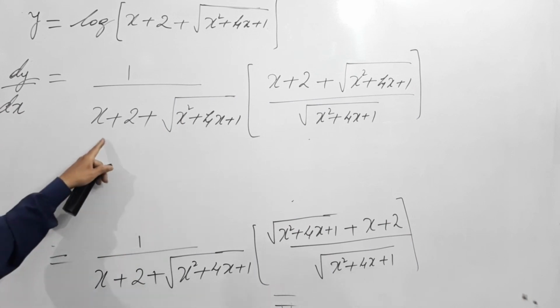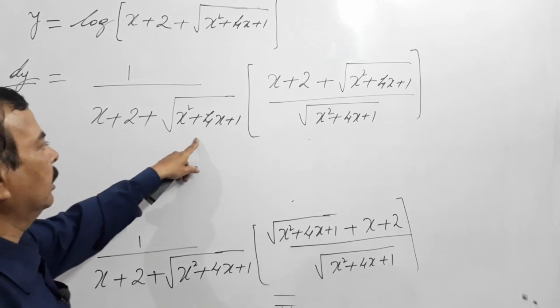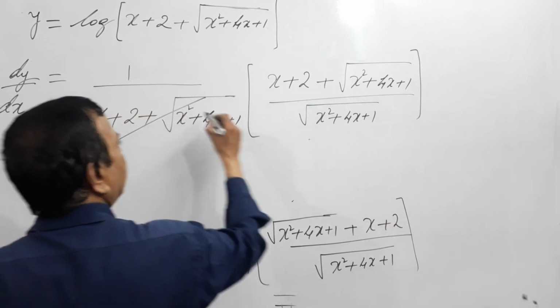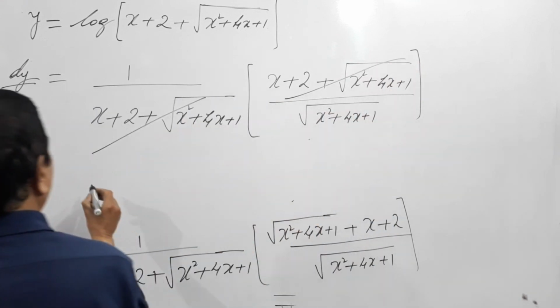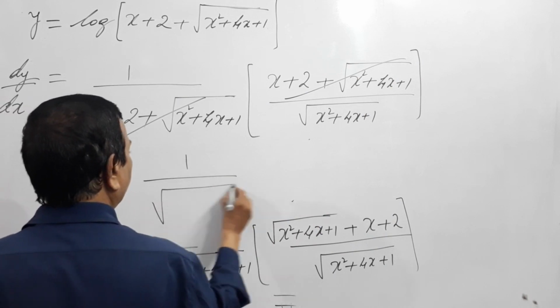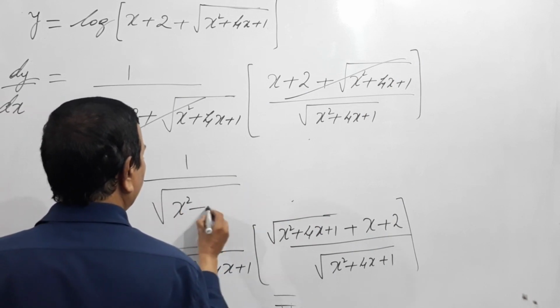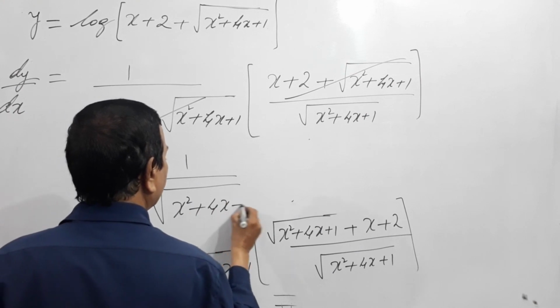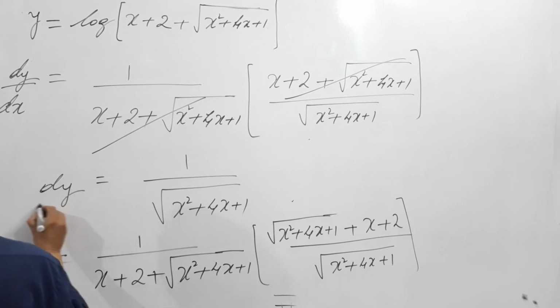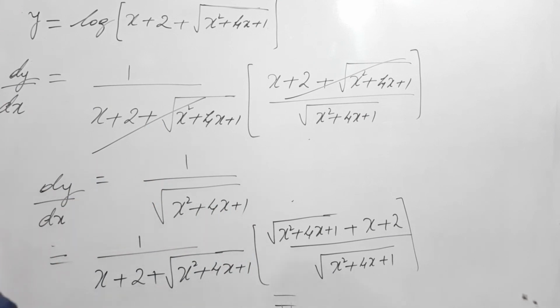So what happens? We have x plus 2 plus under the root, here also x plus 2 under the root, and this. So this and this cancel. So you are left with 1 by under the root x square plus 4x plus 1. What is this? This is our dy by dx.